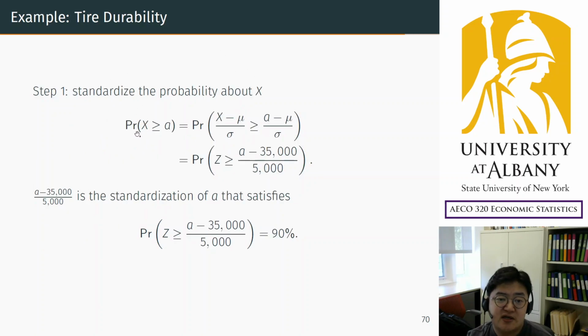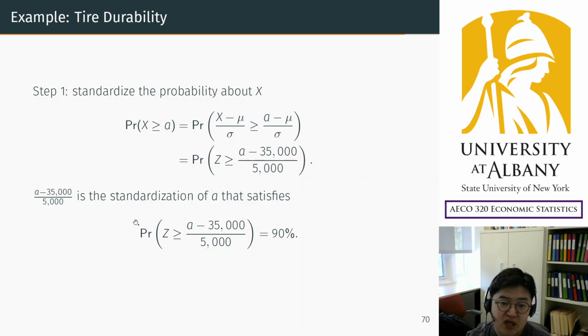We are going to standardize the left-hand side. The probability X greater than A can be standardized in this form. Here, A is unknown, so we cannot simplify this anymore. This is the simplest possible form we have.